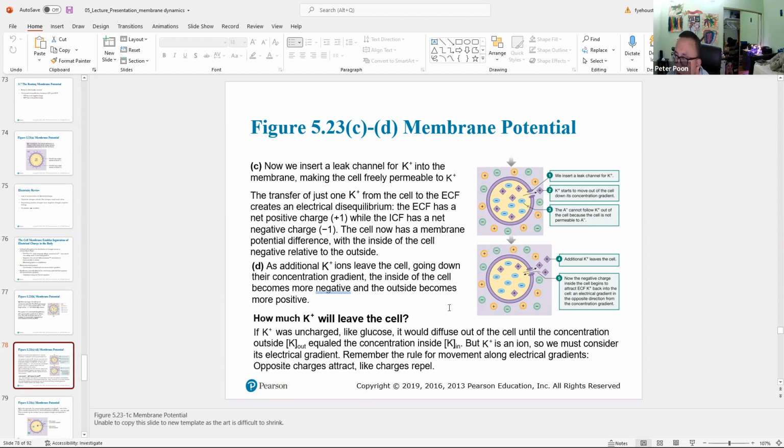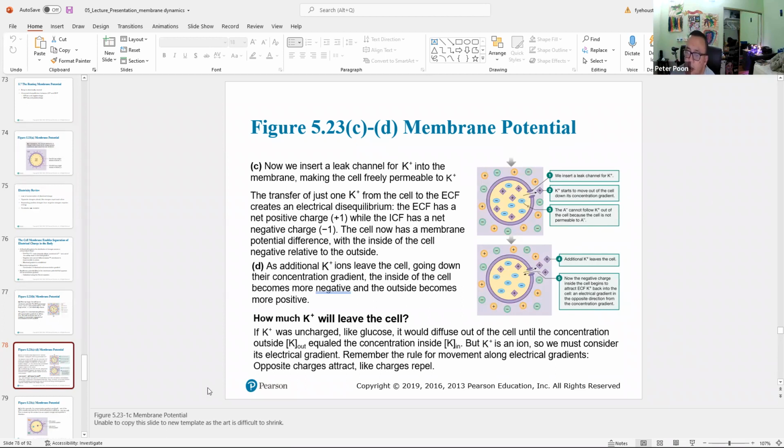But as it leaks out, remember the potassium wants to leak out because there's no potassium on the outside. As it comes out, it is a positive charge coming out, which leaves the negative charges on the inside, which means now you have a positive charge on the outside and a negative charge on the inside, which means the positive and negative charges attract each other.